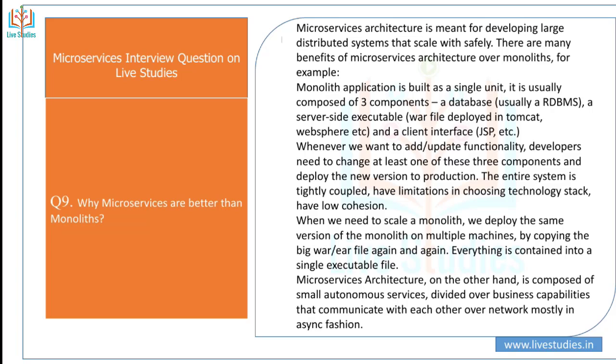For example, a monolith application is built as a single unit. It is usually composed of three components: a database, usually an RDBMS, a server-side executable, a WAR file deployed in Tomcat, WebSphere, etc., and a client interface, JSP, etc. Whenever we want to add or update functionality, developers need to change at least one of these three components and deploy the new version to production.